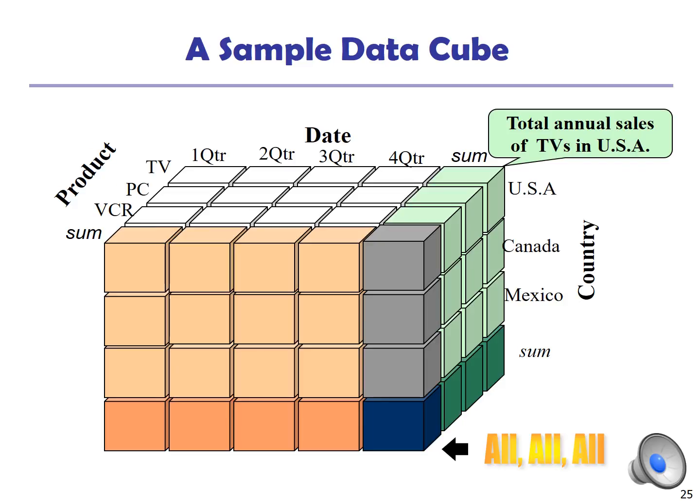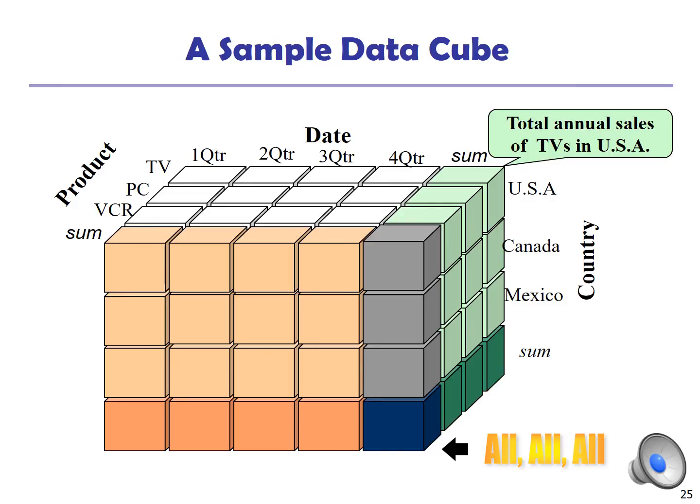And the sum which is the last column of your date dimension gives you the sum total of all the sales in all quarters, okay? Per each product, different products, and for different countries.